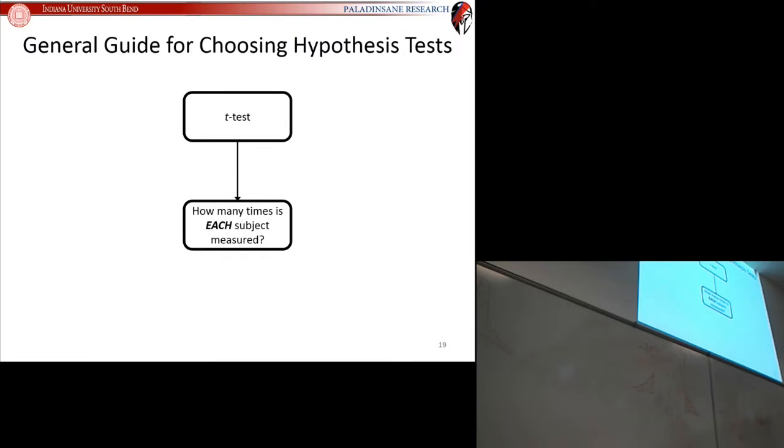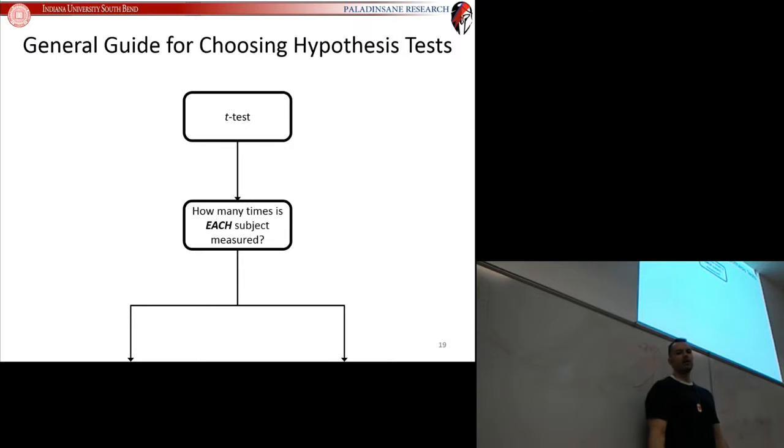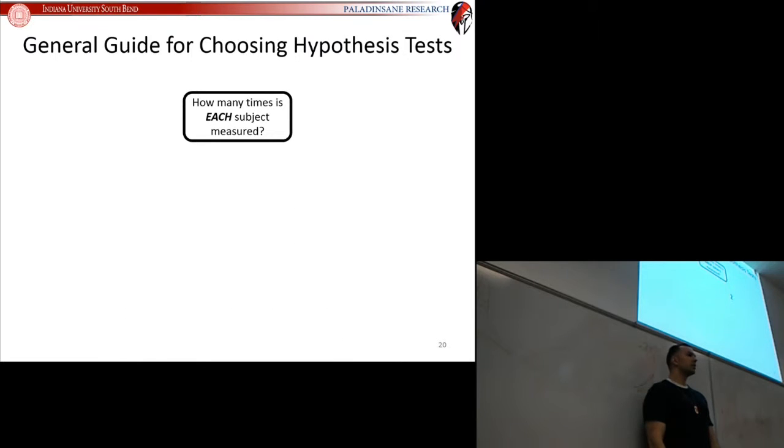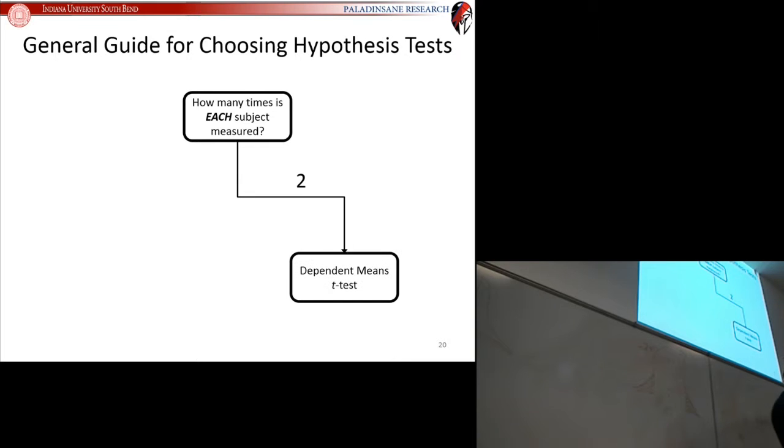Once you decide you're doing a t-test, the next question to ask is, how many times is each subject measured? How many scores does each subject have? Each subject is either going to have 2 scores or 1 score. If they've been measured twice, then you do a dependent means t-test, you found your correct analysis, you're done.